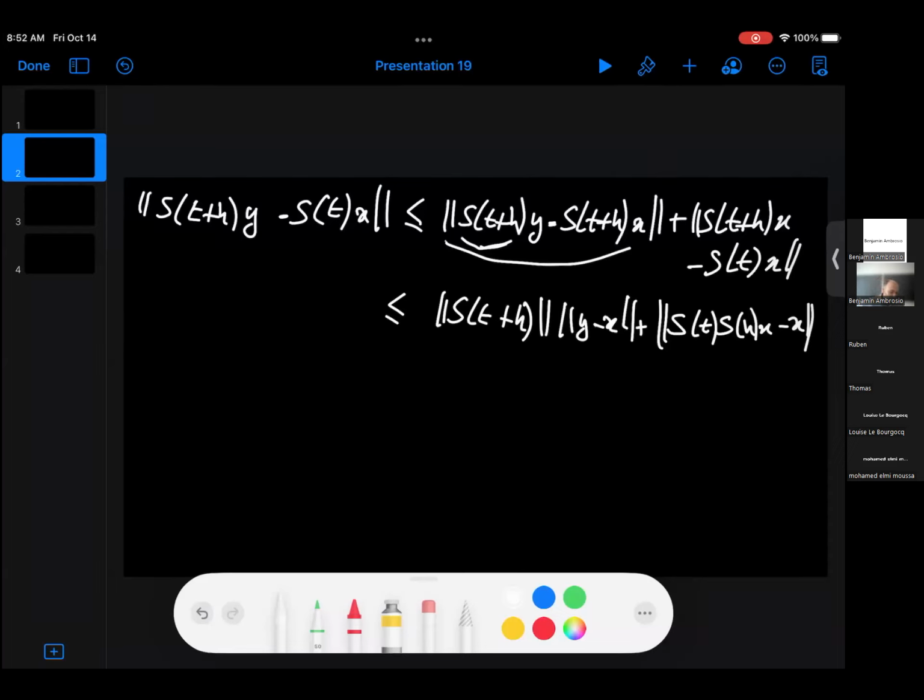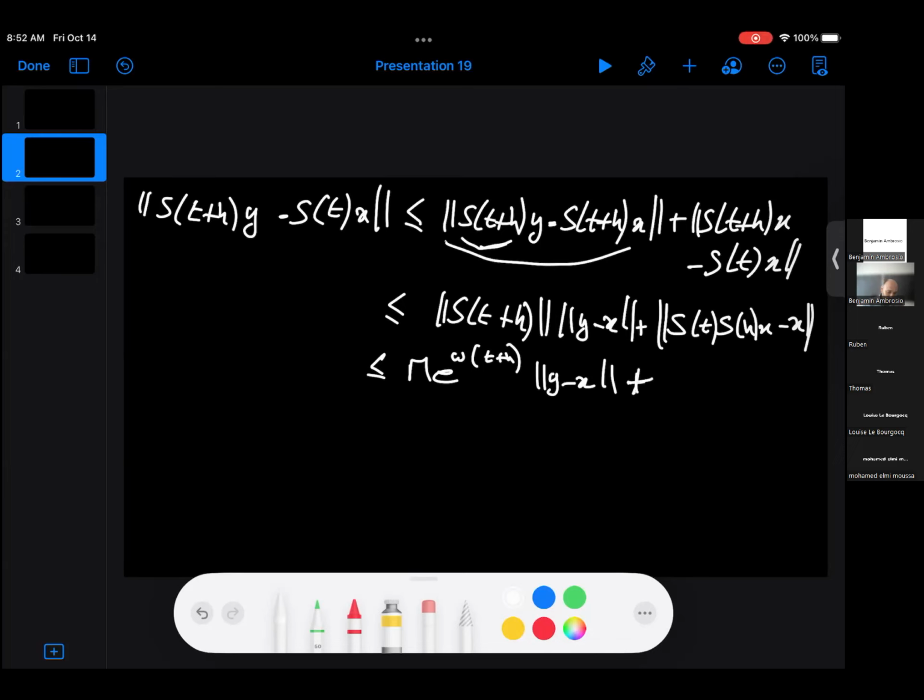Next, I know that there exists a constant M and a constant omega such that this holds. This is the exponential in R, right? This comes from the previous theorem.